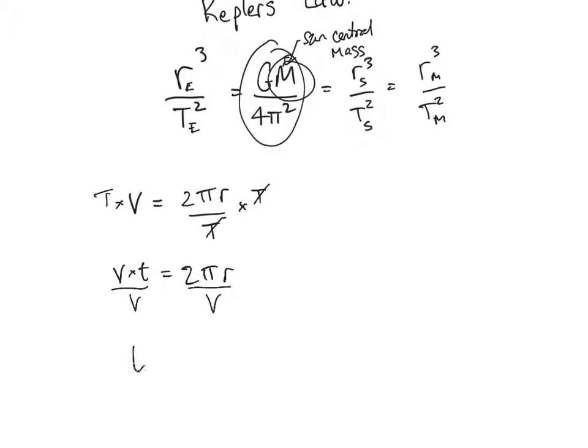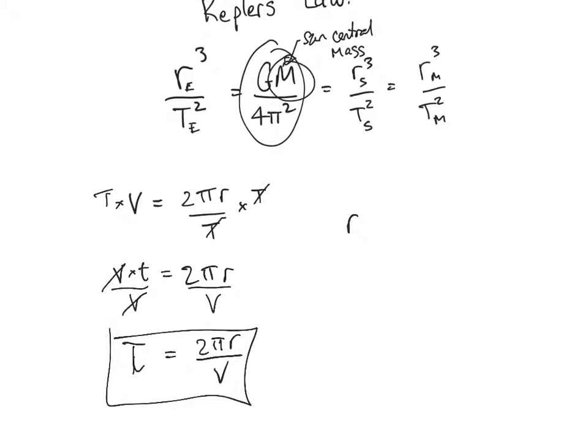We get T equals 2 pi r on v, because they both cancel. So this T value we can then put into Kepler's law.